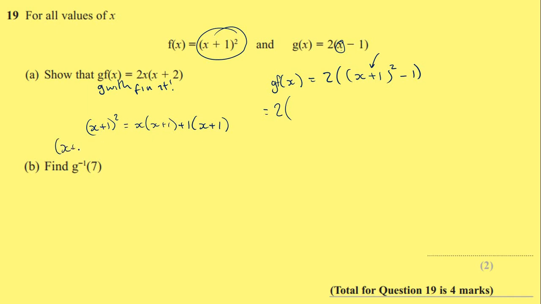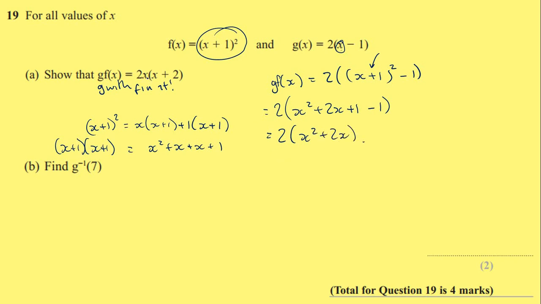You should be thinking of this, which is why I've got this bit here. X times x is x squared plus x plus x plus 1 times 1 is 1. So you'll get x squared plus 2x plus 1 with a minus 1 on the end, which will equal 2 lots of x squared plus 2x.